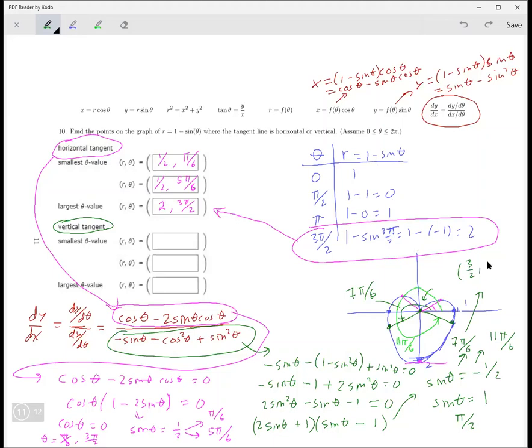So it's 3/2, 7 pi over 6, and 3/2, 11 pi over 6. Now I don't understand what happened here, but I think there's a problem with WebAssign because it made me put it in this way.